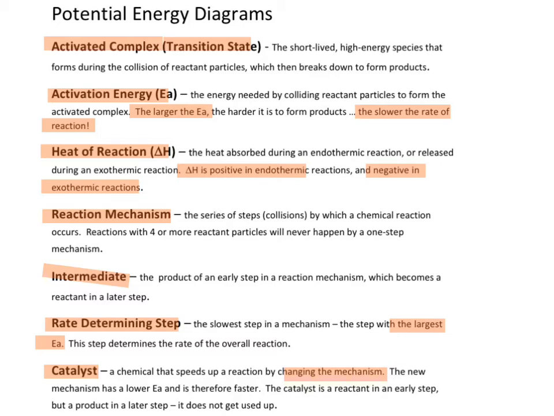Catalysts will be reactants. They'll be added to the reaction in an early step, but then they're produced again in a later step. So they're products later in the reaction. Therefore, they get produced and released and can catalyze another set of collisions. Catalysts are not used up during a reaction. Let's now take these concepts and apply them to some potential energy diagrams.